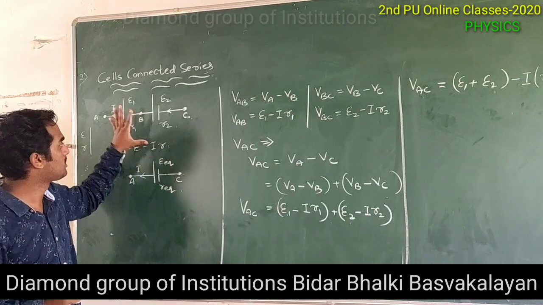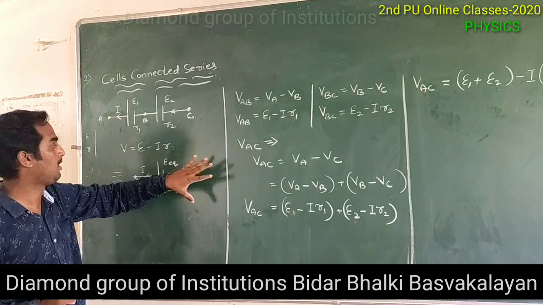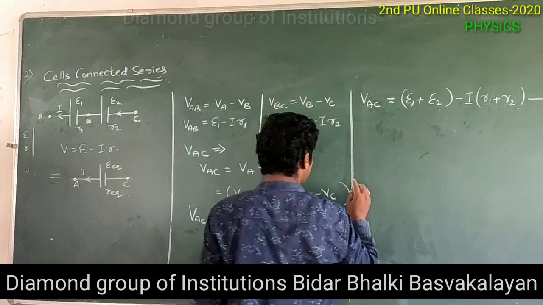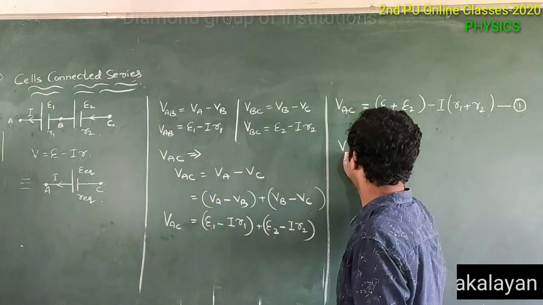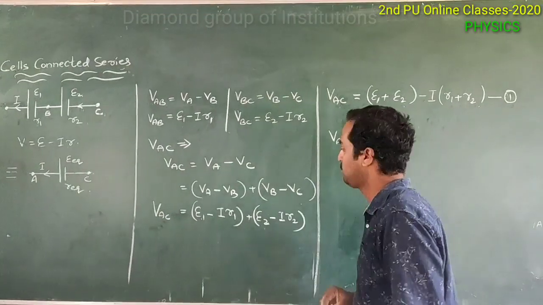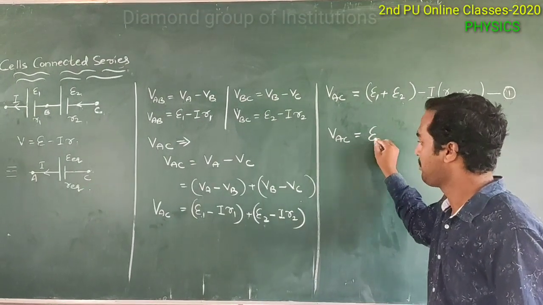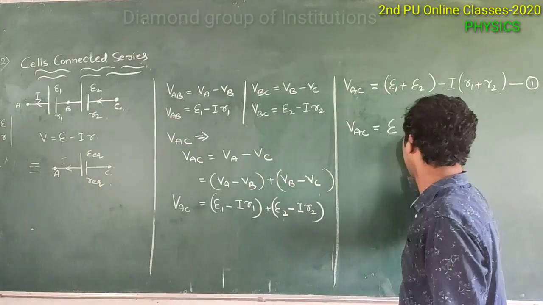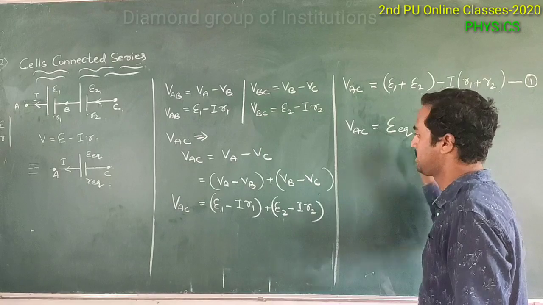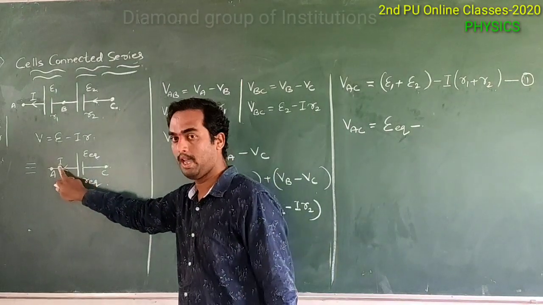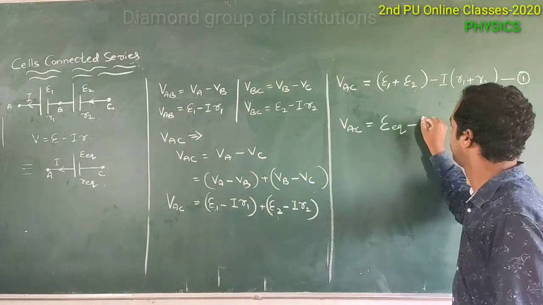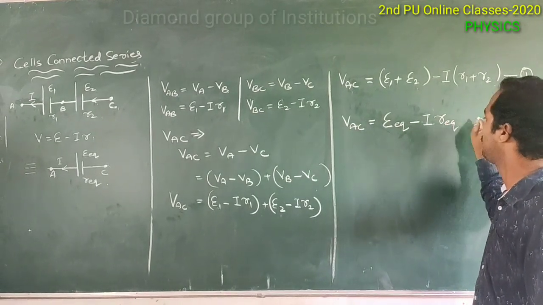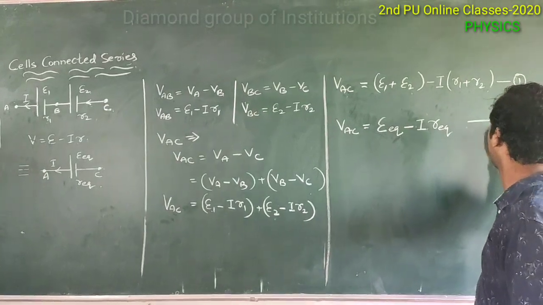I. Applying the same formula to the same diagram, we can directly write VAC equal to Eeq minus I Req. So this is equation number 2.